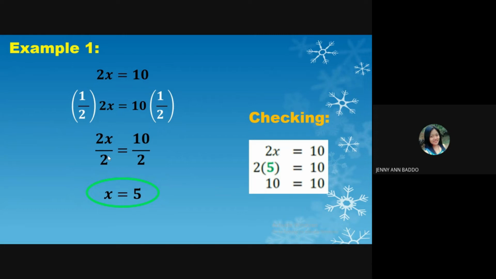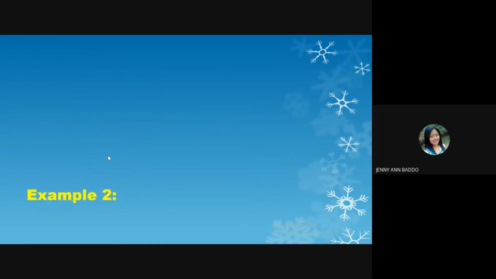Therefore, 5 is a solution of 2x equals 10. Another example, 28 equals negative y. Our target here is to remove that negative sign and to change any number to positive.